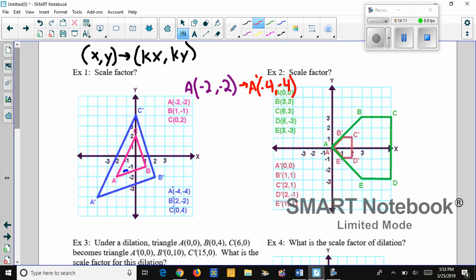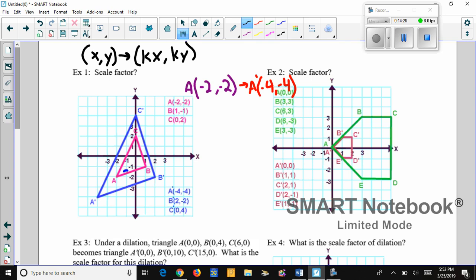What's great about that is if we look, we could find it by dividing. If we take -4 divided by -2, we get 2. If we do -4 divided by -2, we also get 2.